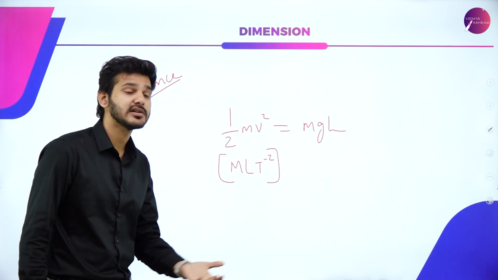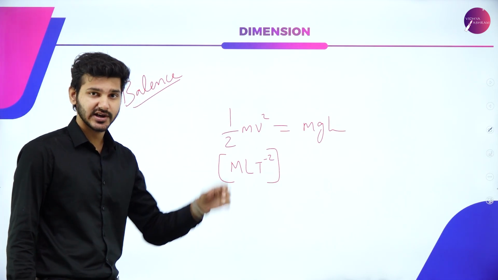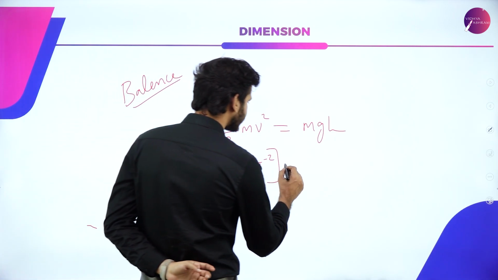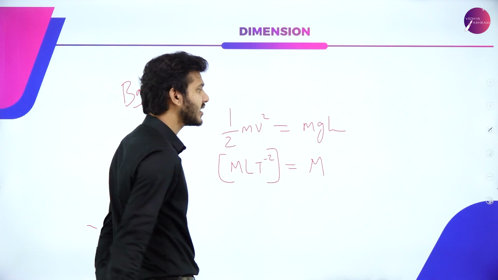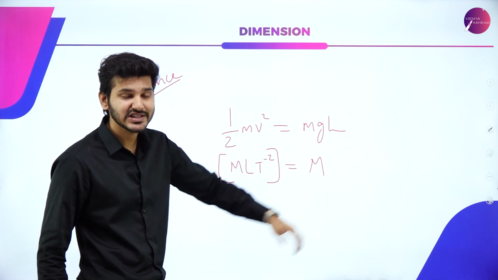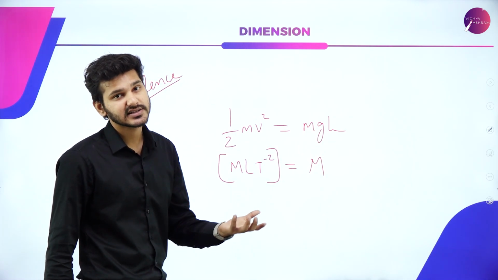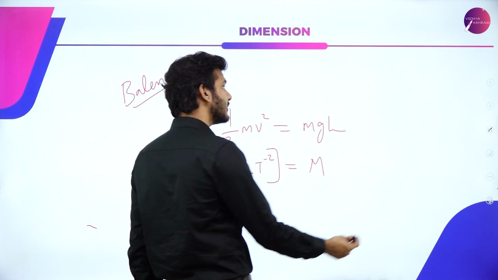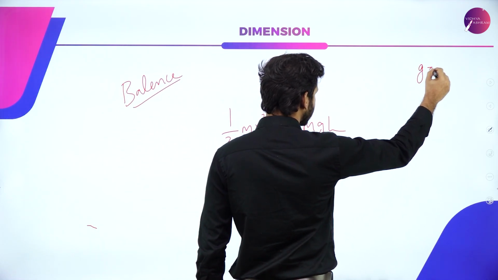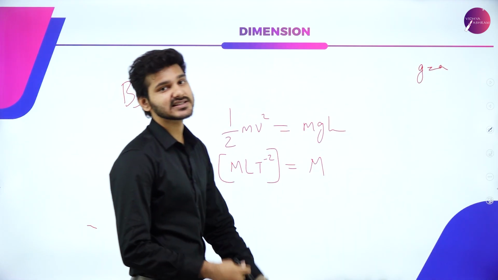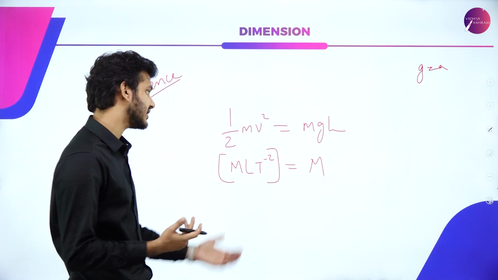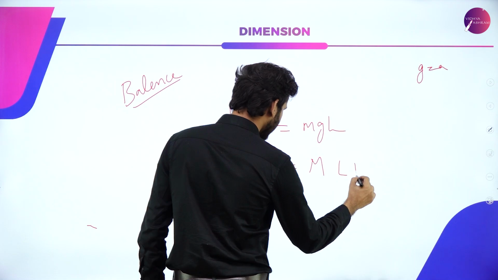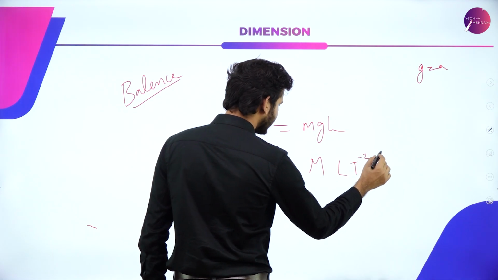Now what is the dimensional formula for potential energy? Same method. Here we also have one mass, capital M, and here it is g. G is nothing but acceleration due to gravity, which is nothing but acceleration. And we saw that for acceleration it is L t raised to minus 2.